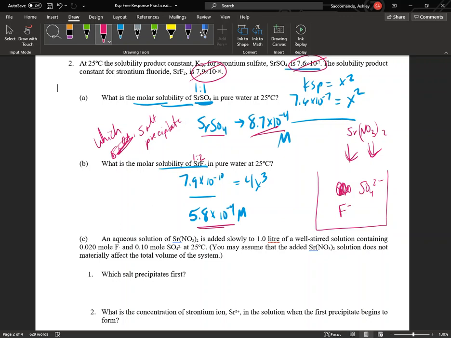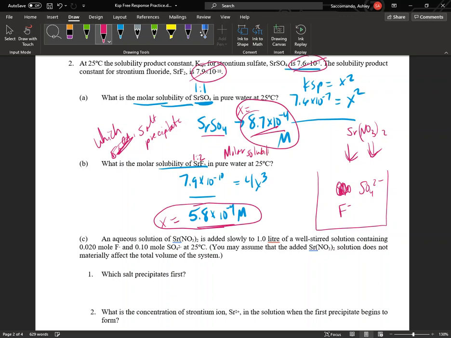What should we compare now? What are the values we need to compare to tell? Remember, this is x. This is x for this one. Yes, it's the molarity, but technically this is also the molar solubility of each one.